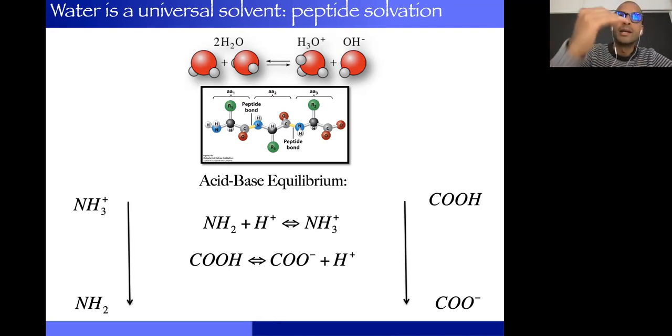So acid-base equilibrium is a very important aspect of how water is very unique. Not all liquids are able to do this. Okay, this is a very peculiar property of water.